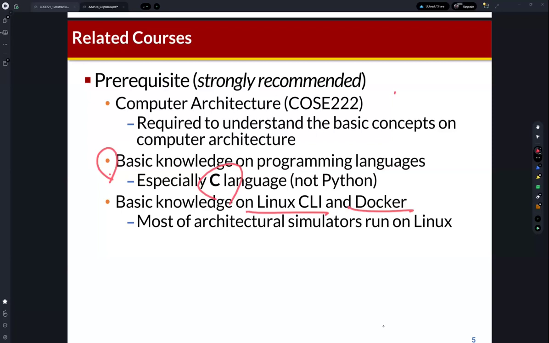I will provide the Docker file, and actually most of... that's my claim. Not most of that. So we will use Docker.